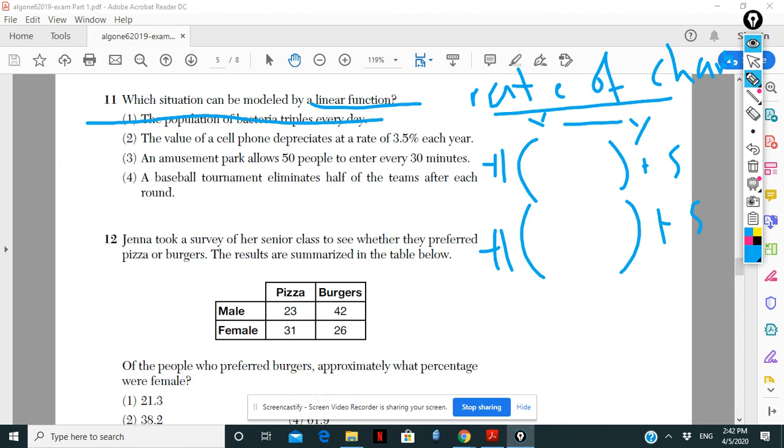The value of a cell phone depreciating is always an exponential function, because here we have a percent. Amusement park allows 50 people to enter every 30 minutes, so what does it mean? Every 30 minutes 50 is going to be added. So after another 30 minutes, another 50 added. So if you're looking, the difference is always going to be 30 minutes and 50, 30 minutes and 50. So the answer is going to be number 3. A baseball tournament eliminated half of the teams, half means also exponential function.